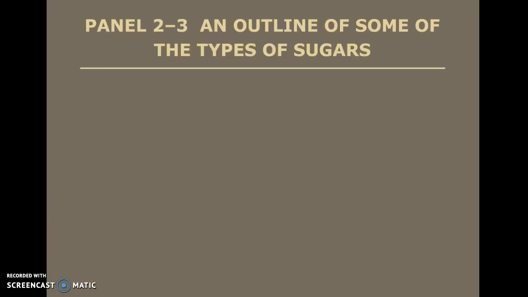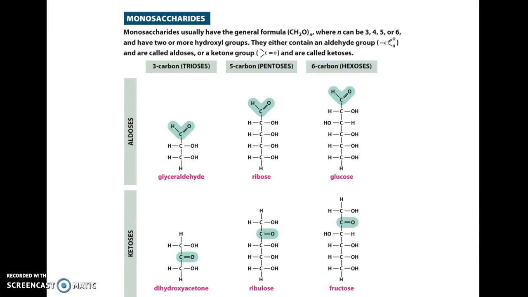I also want to talk a little bit about different sugars. There are monosaccharides, and they can be trioses, pentoses, or hexoses. Probably the ones you're most familiar with are glucose and fructose.